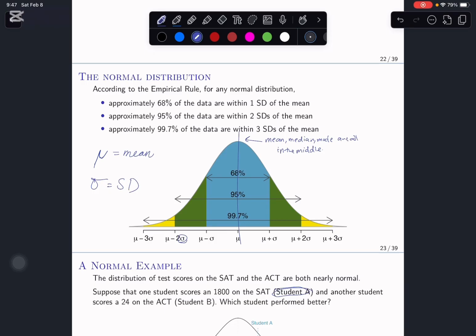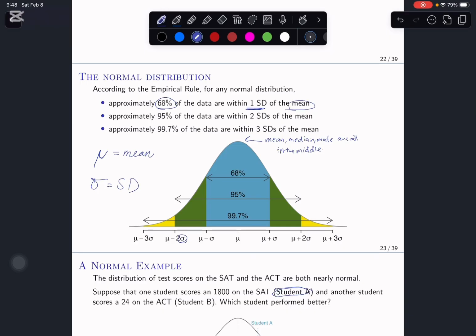The word deviation means when something deviates away, it goes away or moves away. So what's the standard deviation value from the mean? They told us, for example, that approximately 68% of the data is within one standard deviation of the mean.